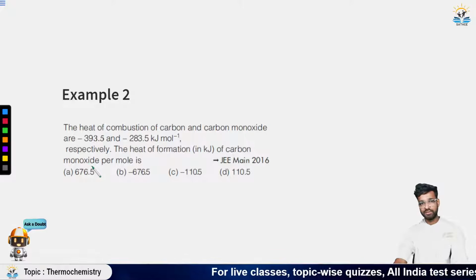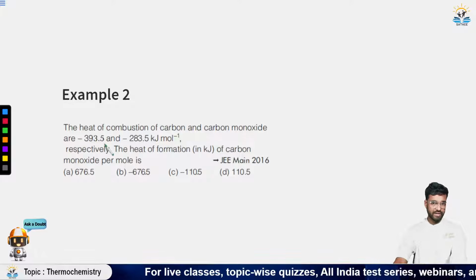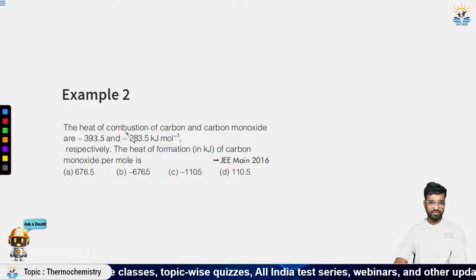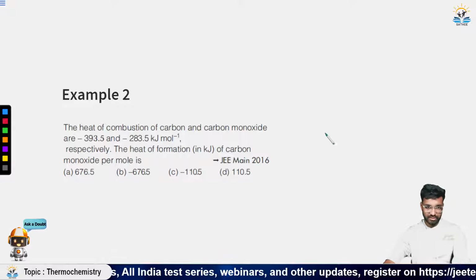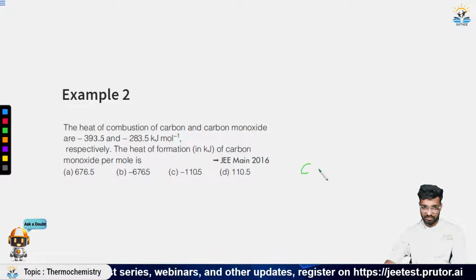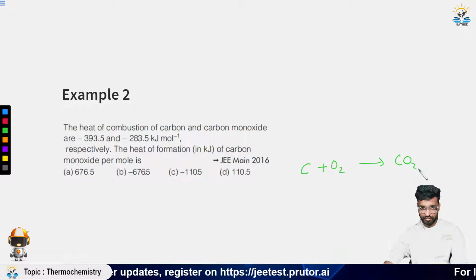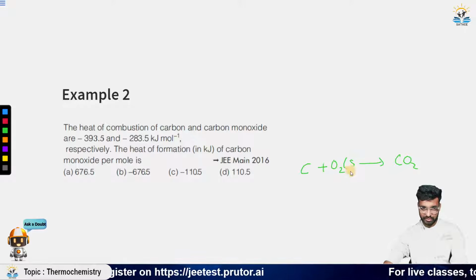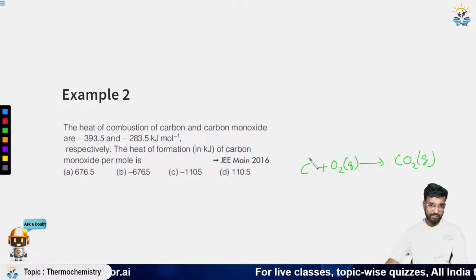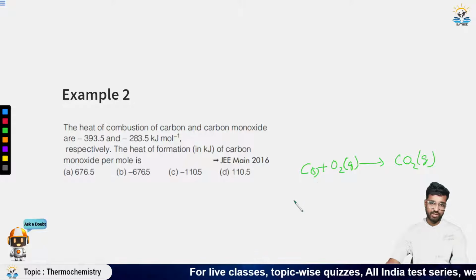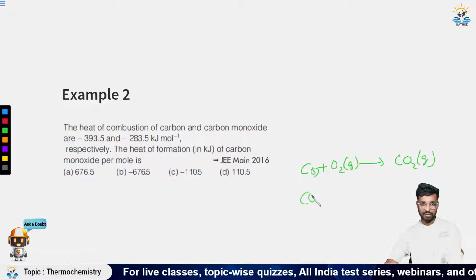Now let us move to another question. It says that you have to find the heat of combustion of carbon and carbon monoxide. The heat of combustion of carbon monoxide is given. So C plus O2 is given as CO2, in gaseous state, also in gaseous state, solid state, and also the carbon monoxide is given.